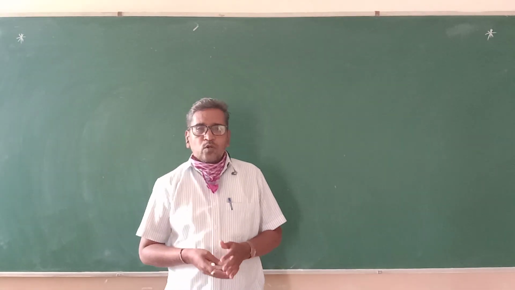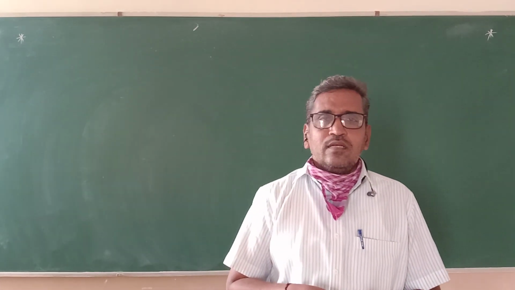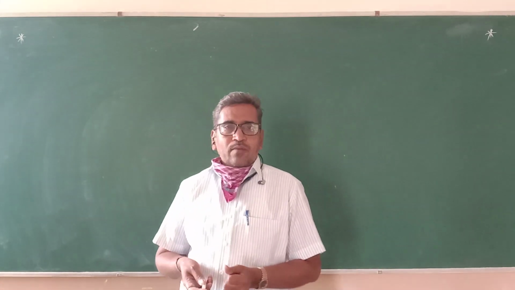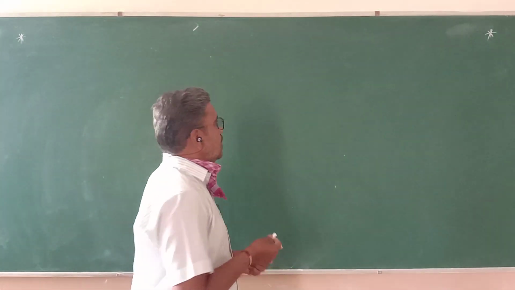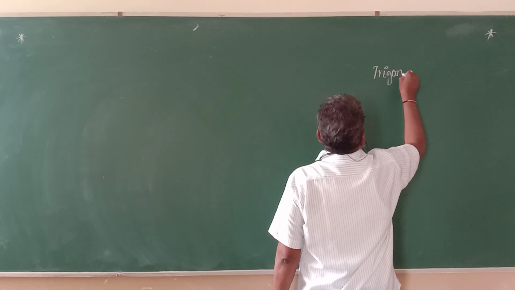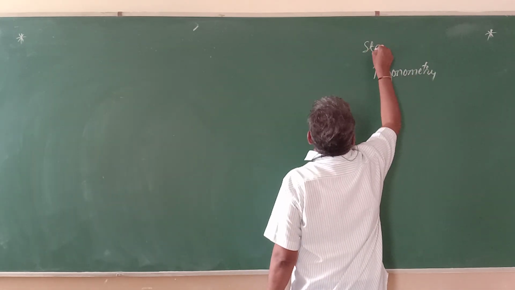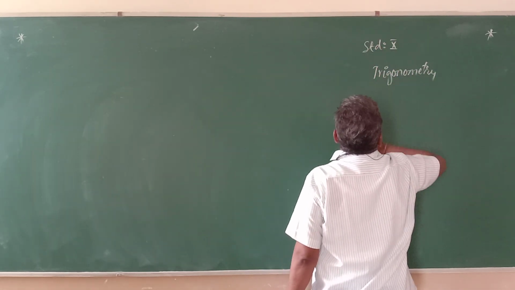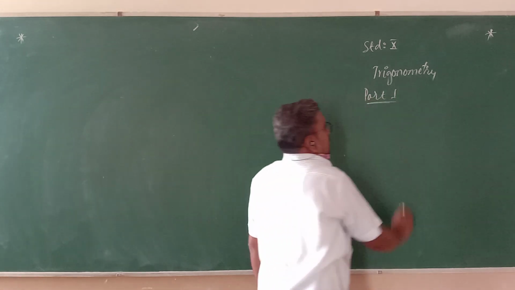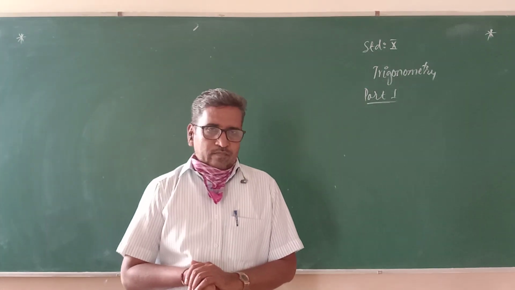In almost all the properties of triangles, you know the equilateral triangle, isosceles triangle, right angle triangle, but a new chapter, which is trigonometry, is a new concept related to only a right angled triangle.